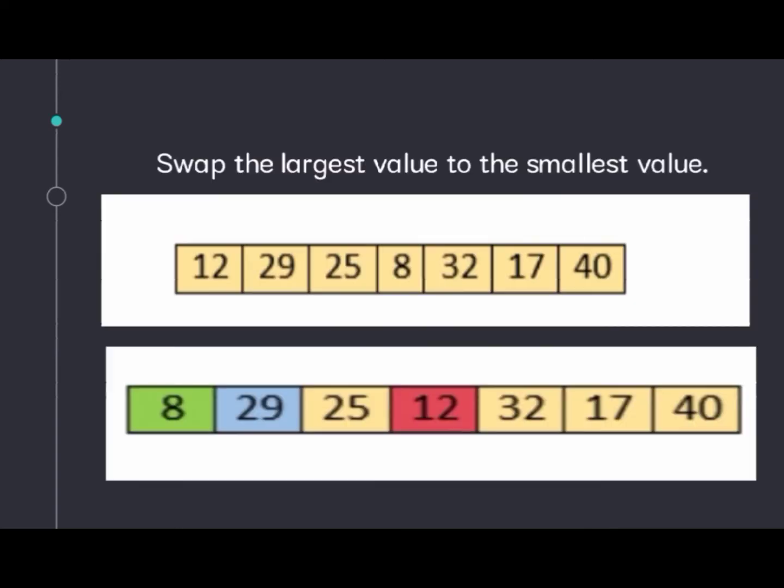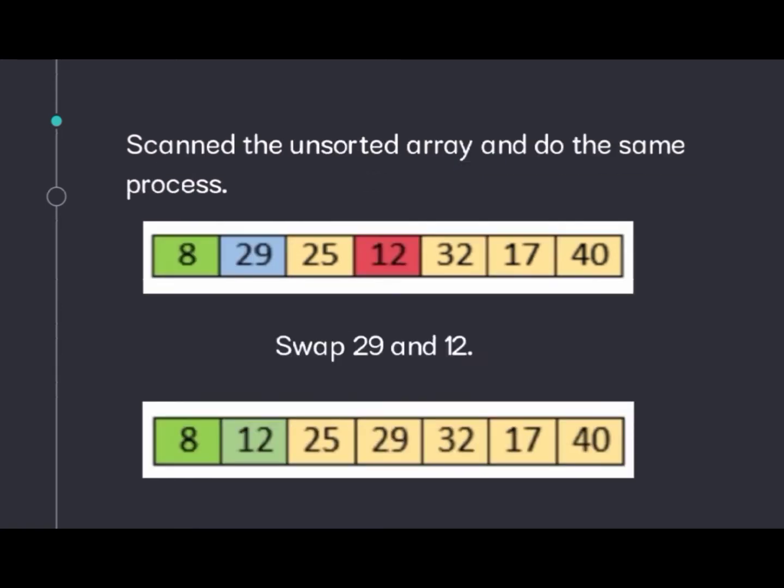Then we are going to put 8 in the first position since it is the smallest value. But then, as we can see, 29 is a large number. As we scan the array sequentially, 12 is the second smallest value. Then 29 and 12 will be swapped.